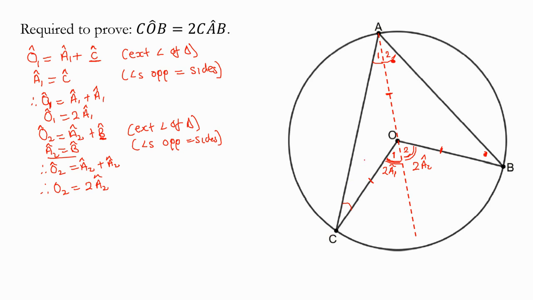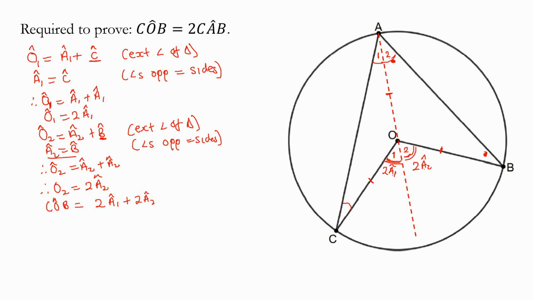And then if you check, angle CAB is equal to angle A1 plus angle A2. And then angle COB is equal to 2 times angle A1 plus 2 times angle A2.